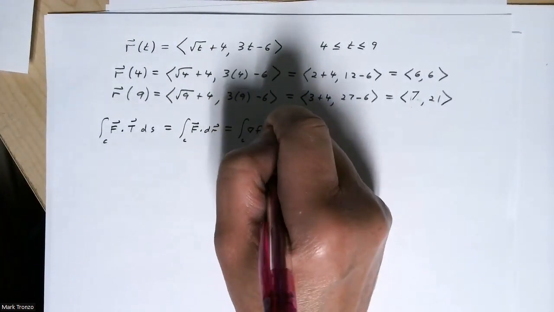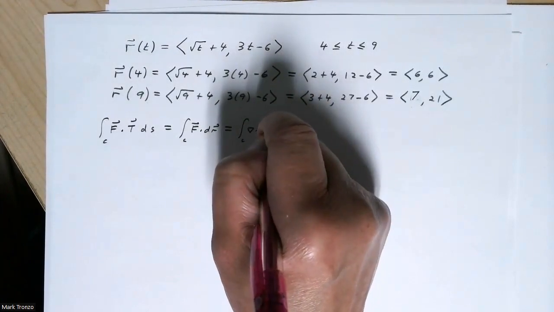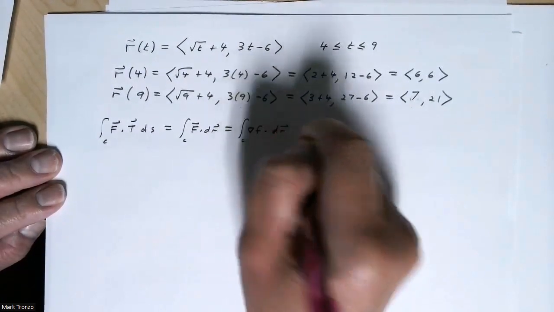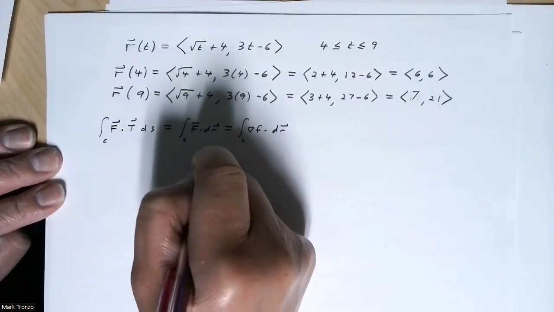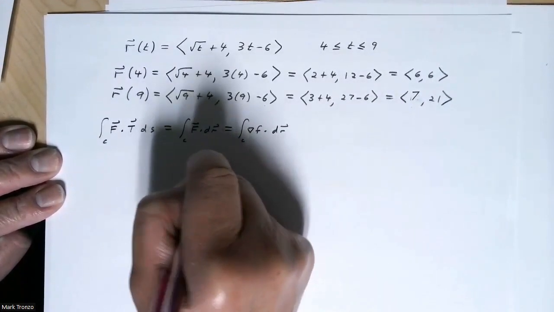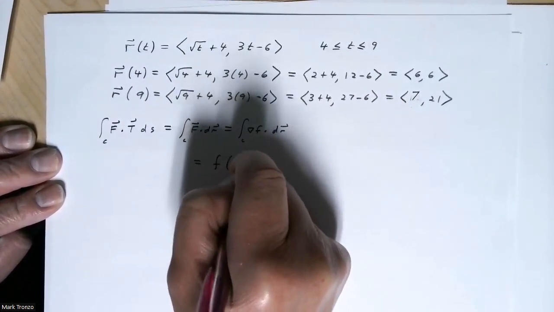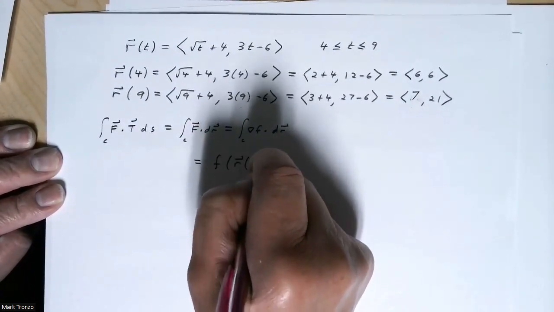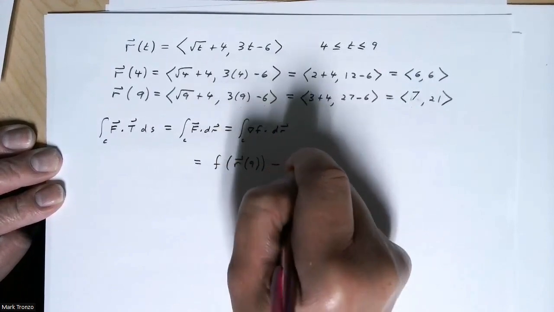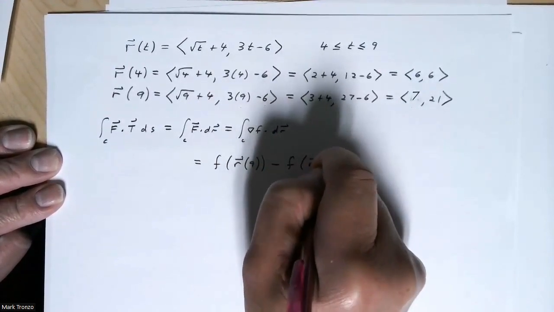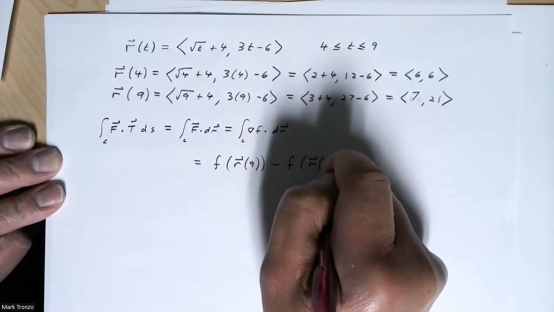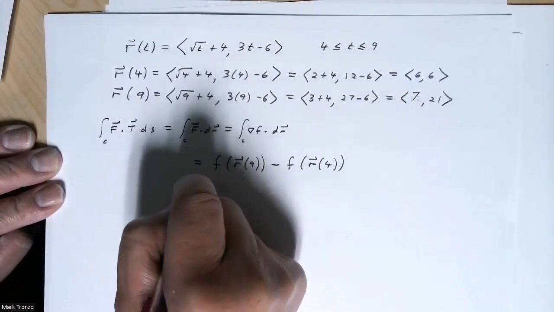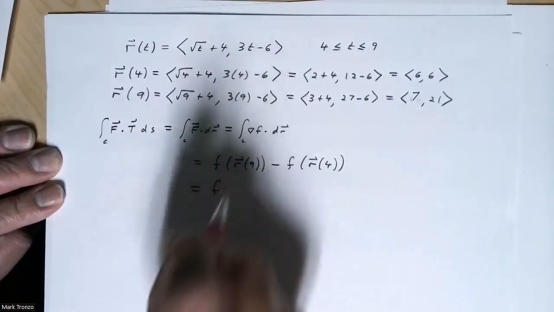And so now then we can just use the fundamental theorem, which says we can take f at our endpoint, which was 9, minus our starting point, which is 4. Again, you don't have to put all these steps. I'm just kind of showing all the steps.